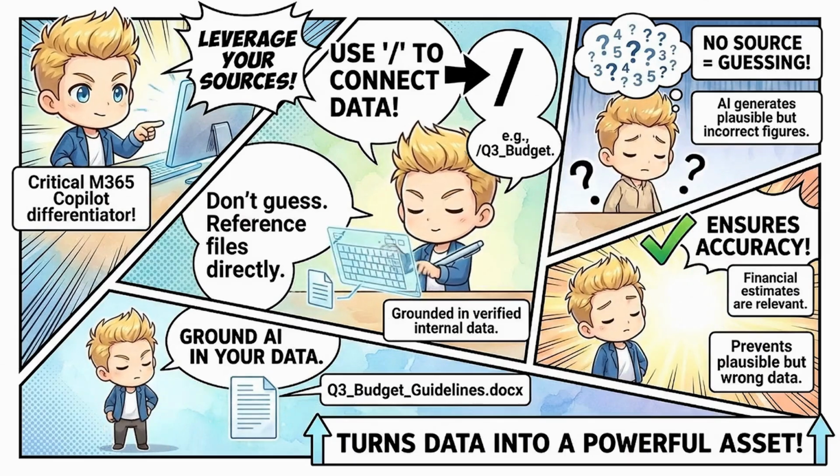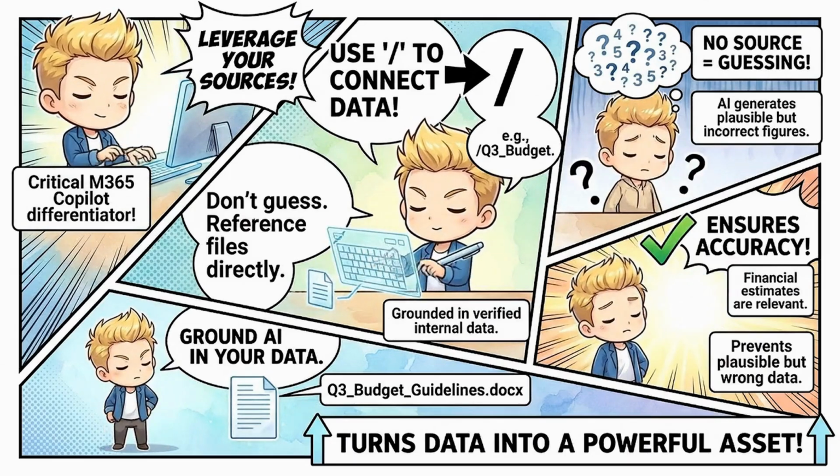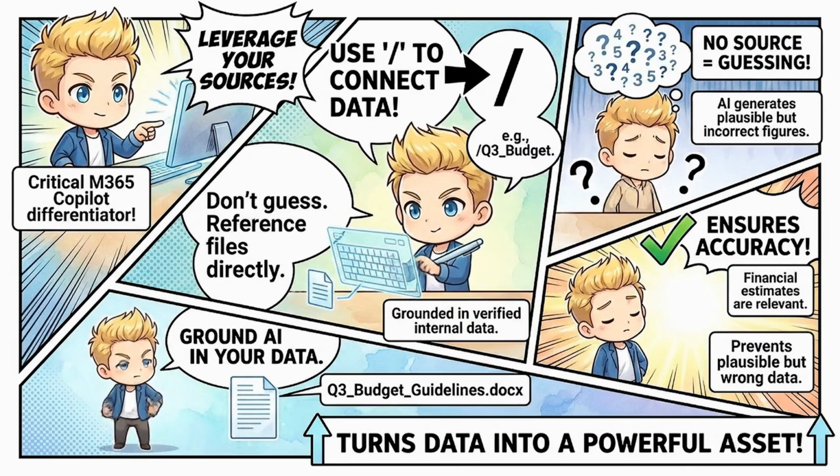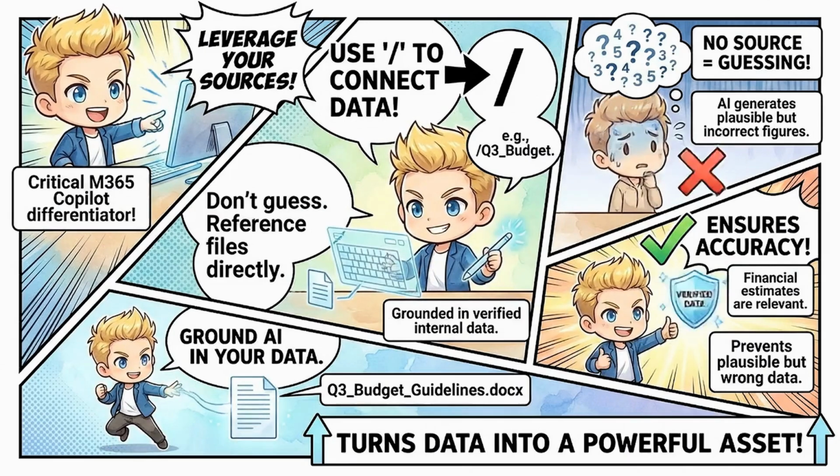By grounding the AI in verified internal data, David ensures that the financial estimates are accurate and relevant to Contoso's actual constraints, preventing the AI from generating plausible but ultimately incorrect figures based on its general training data.